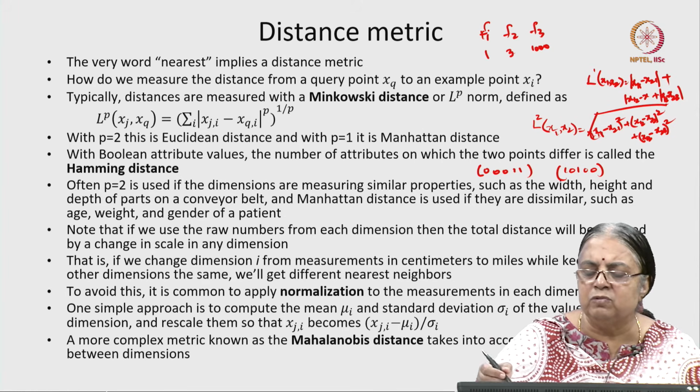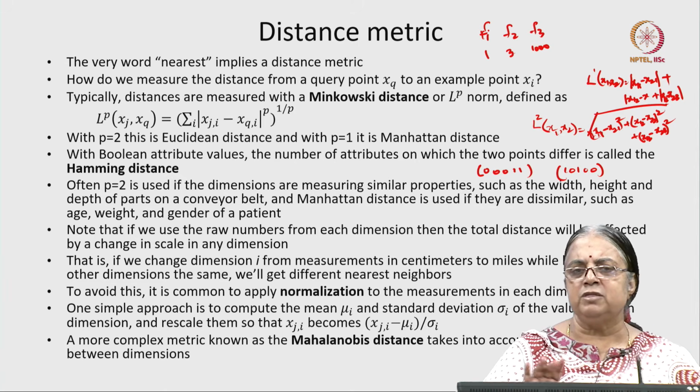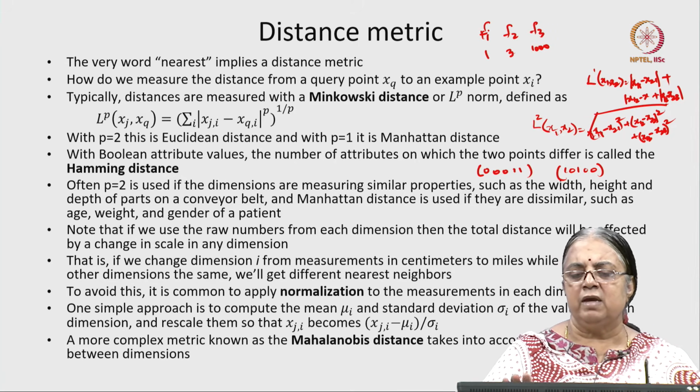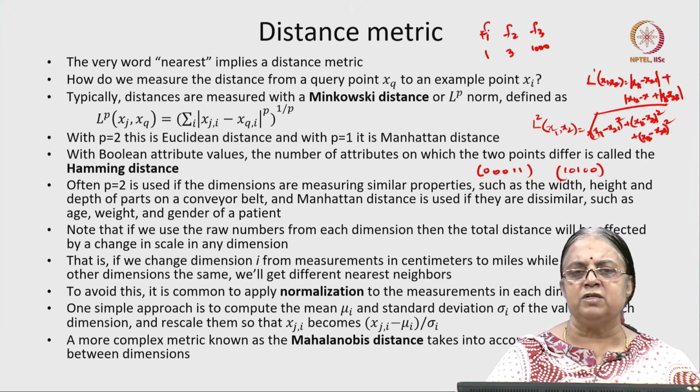If you are going to use these values as they are, you find that more importance will be given to feature 3 than to features 1 and 2. Because of this, some type of normalization is used.